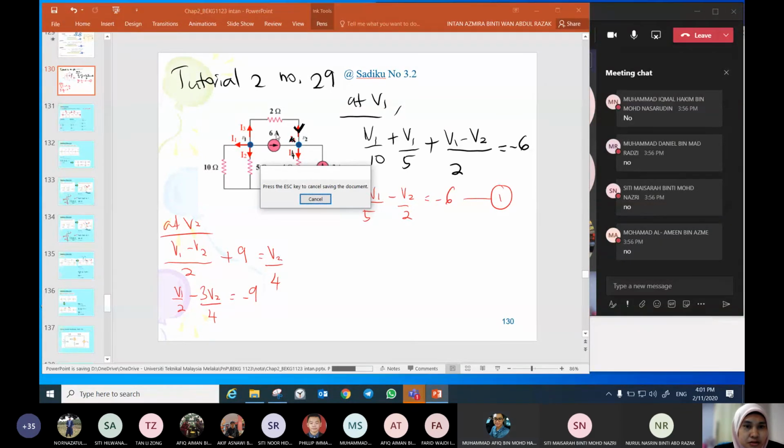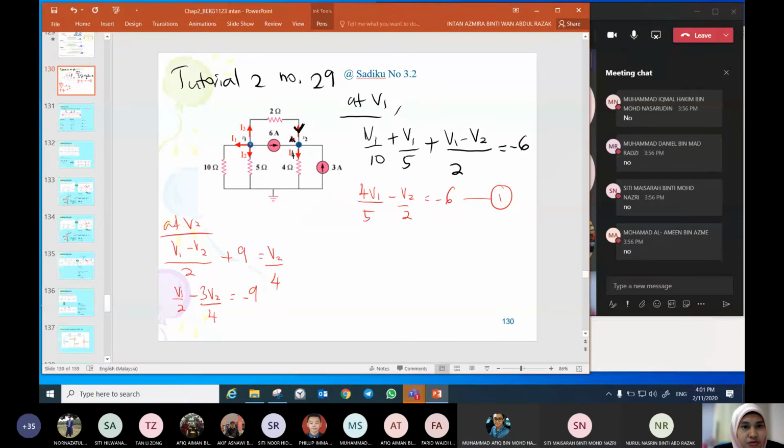So 6 A flows from V1 to V2. We just follow this arrow of current.